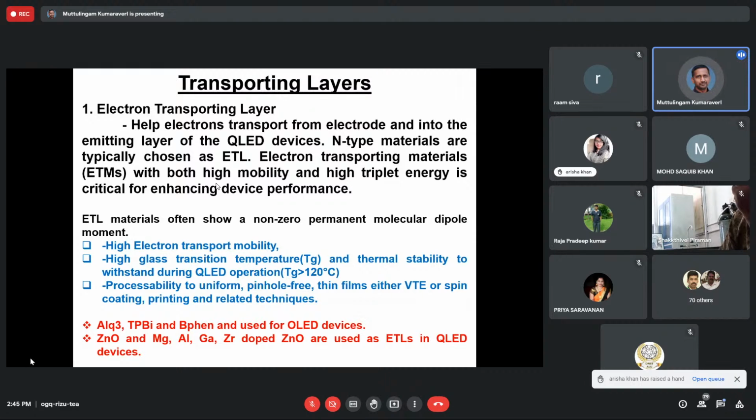In QLED devices we mainly use zinc oxide or magnesium, aluminum, gallium oxide for these electron transporting layers.